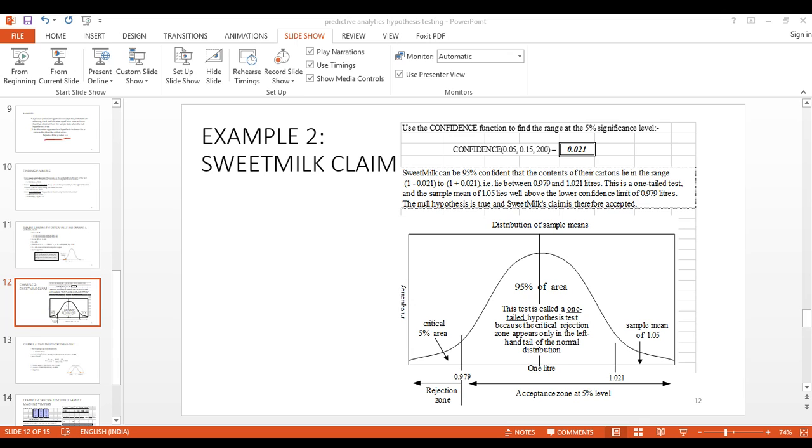It's a function in Microsoft Excel. You can choose it. It asks for the probability that I give it. We always look for 1 minus alpha for the critical value. 1 minus 5% is 95%, 0.95. The degree of freedom is n minus 1.